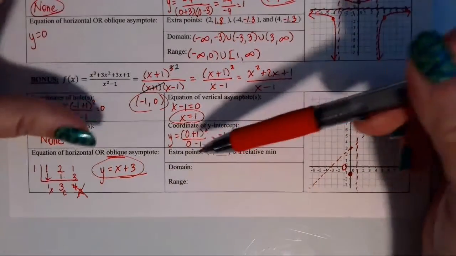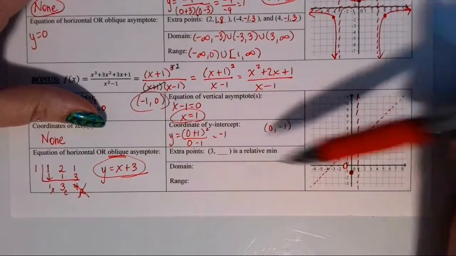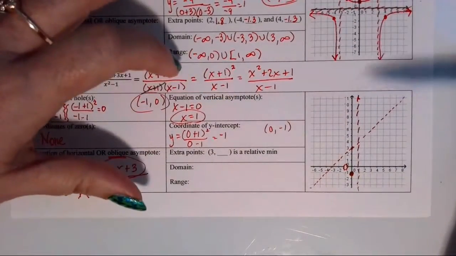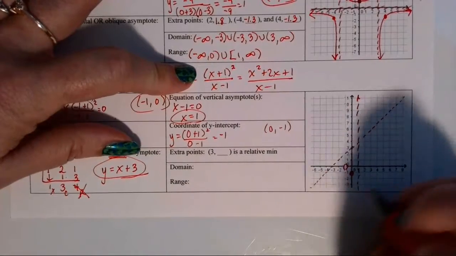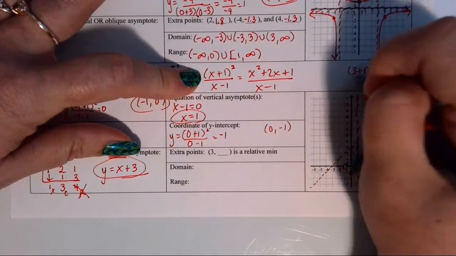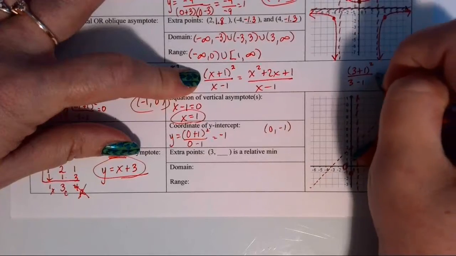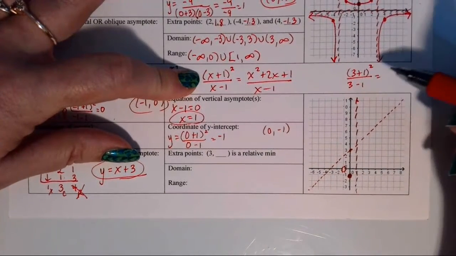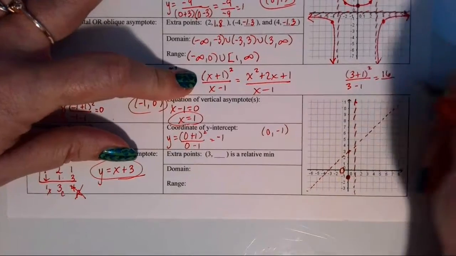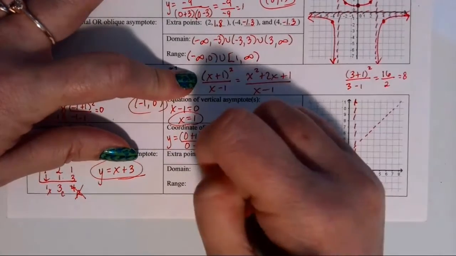And then it says that 3 comma blank is a relative minimum. So I'm going to put 3 in here for my x value. So I've got a 3 plus 1 quantity squared divided by 3 minus 1. So 3 plus 1 is 4, squared is 16, divided by 2 is 8.